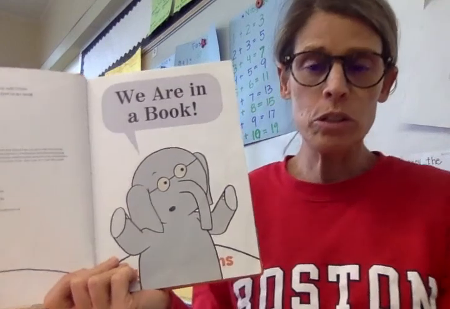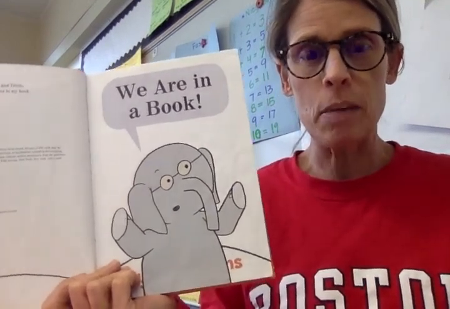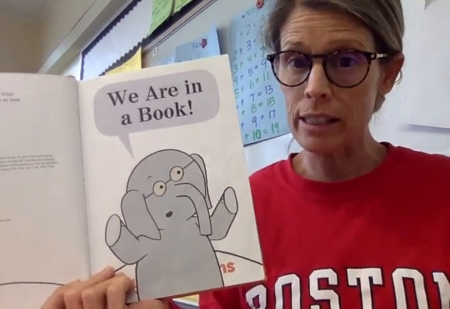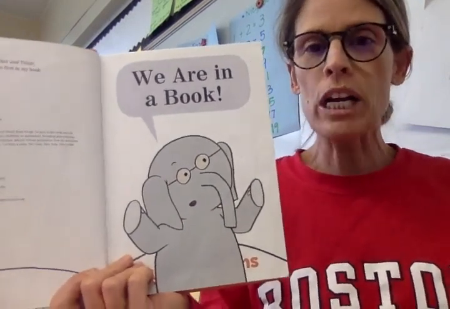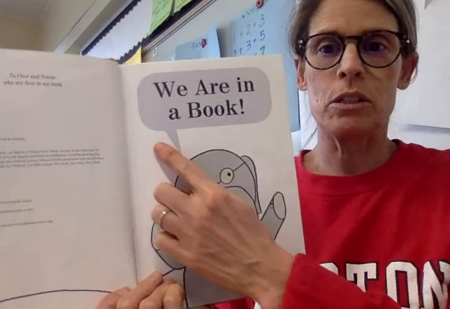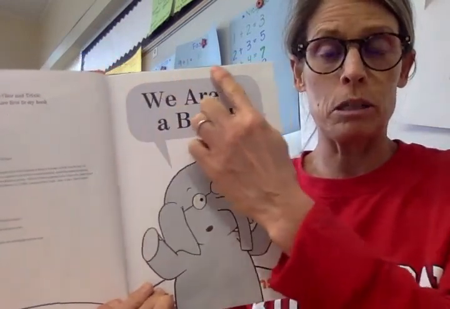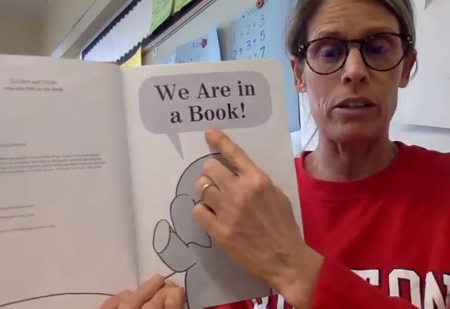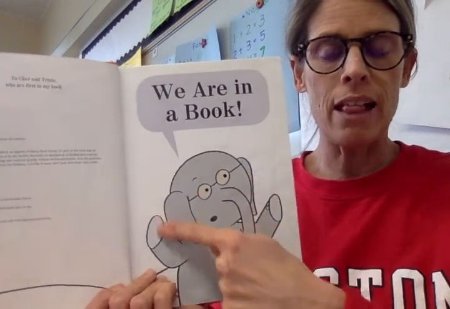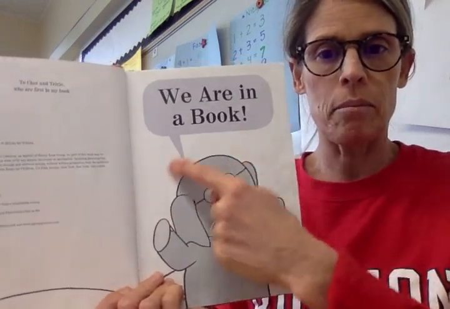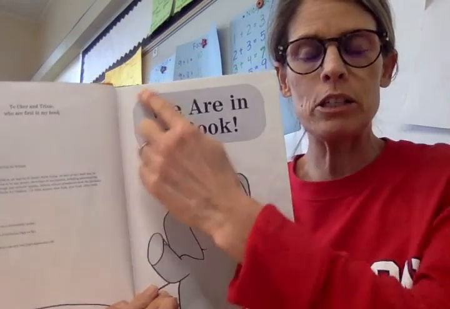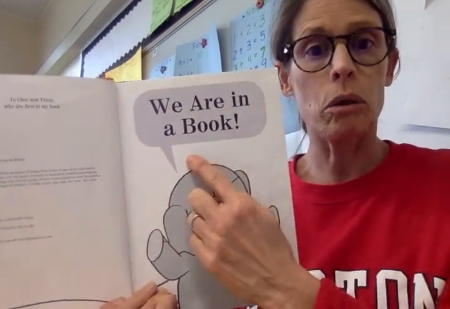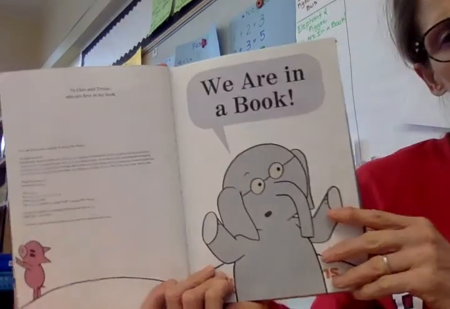I want you to notice if you see some of those motion lines, if you see all capitals, or if you see speech bubbles. So here we go. Here's actually a speech bubble right here on the title page. And we notice that Elephant is what color? Gray, yeah. And we notice that his speech bubble is also gray. It's interesting. Let's pay attention to that.